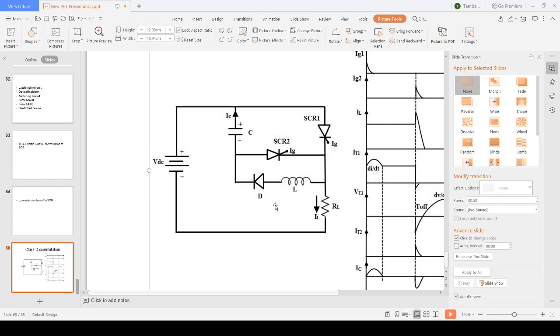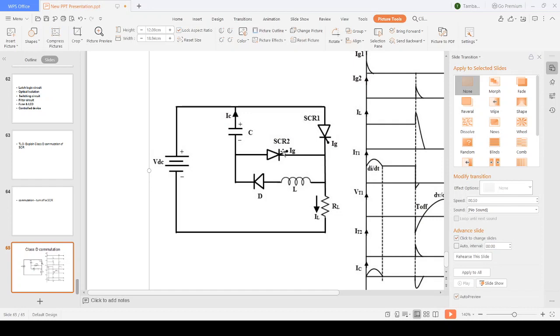At the next instant, SCR2 gets turned on, and it connects the negative capacitor voltage across the main conducting SCR1.